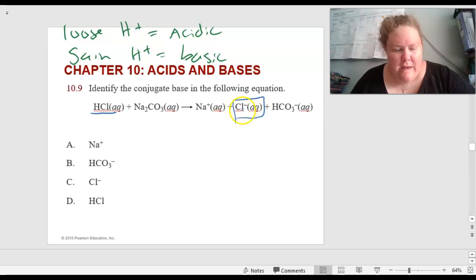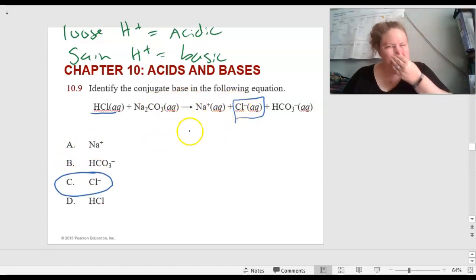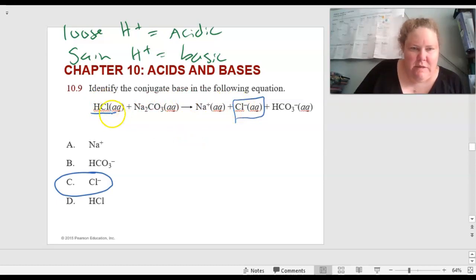And so that makes C the right answer. When it was balanced out here, it was neutral, and then you take away the hydrogen, and it ends up having that negative charge, and that's what your conjugate base was. So again, remember that if you lose a hydrogen, it's acidic. If you gain a hydrogen, it's basic.